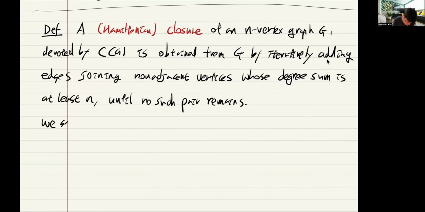And we say a graph is Hamiltonian closed if its Hamiltonian closure is itself.